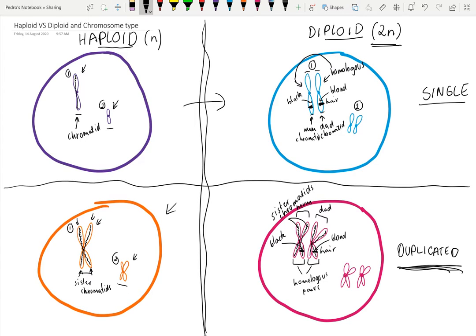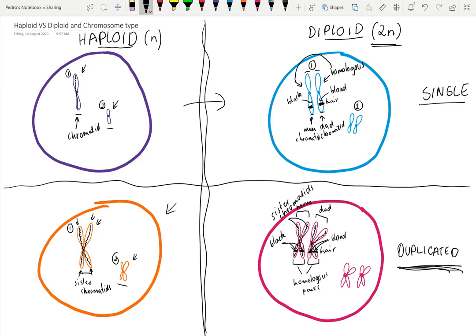Okay, but if we were to look at the same spot on the sister chromatid, here, that's also black. And the same spot on the dad's sister chromatid here, that is also blonde. Okay, so that's the difference here between duplicated and single-stranded and haploid and diploid.